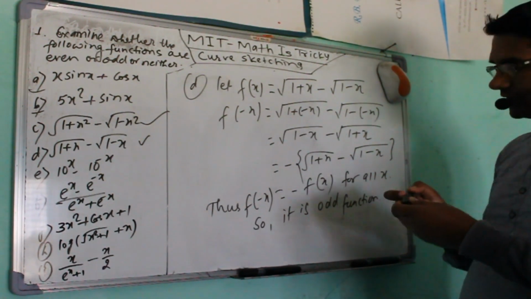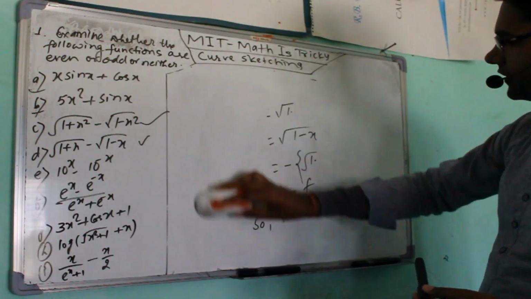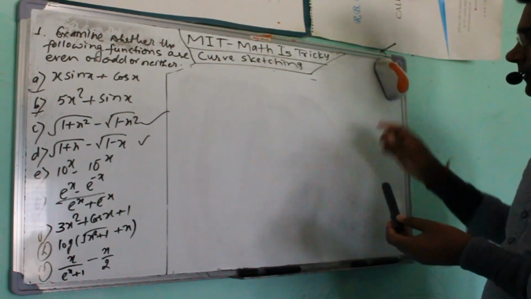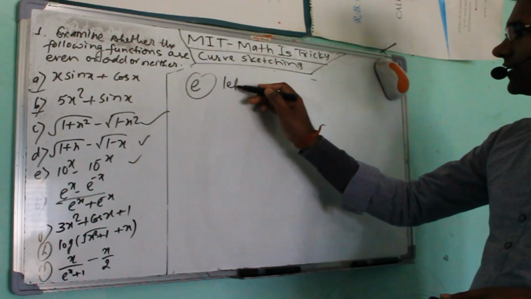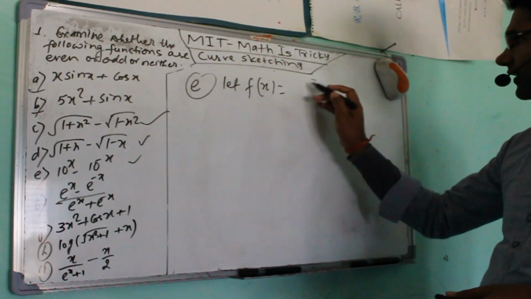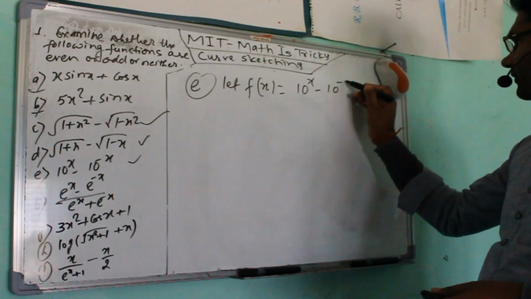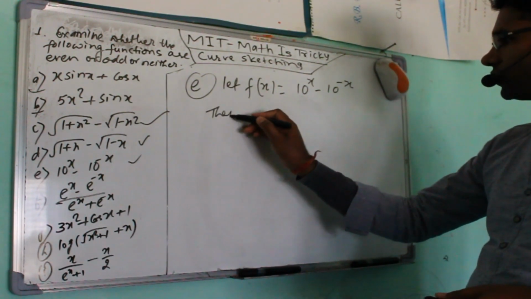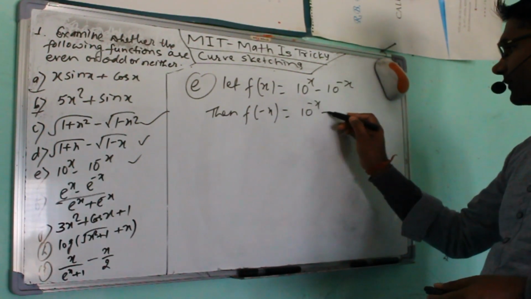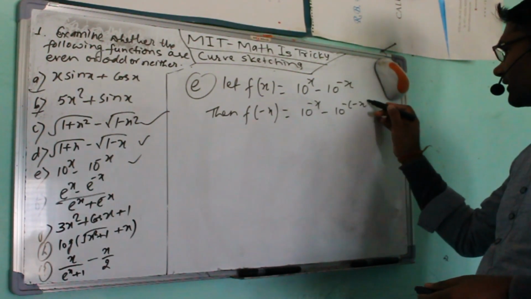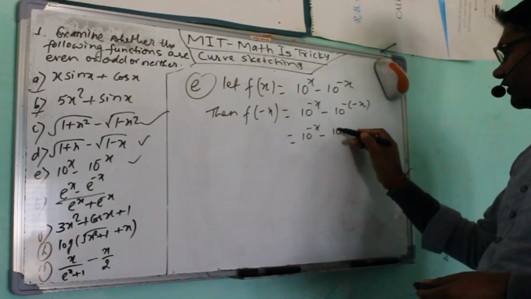Okay, let's see number E. Let f of x equal 10 to the power x minus 10 to the power minus x. Then what will be the value of f of minus x? 10 to the power minus x minus 10 to the power x.